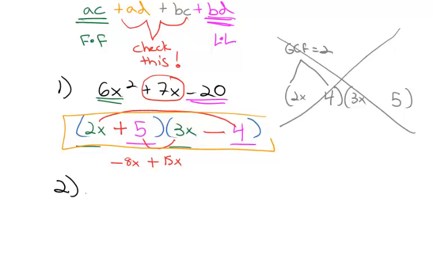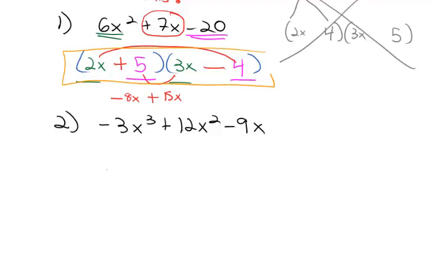Let's try a couple of these. Let's do negative 3x cubed plus 12x squared minus 9x. Looking at all three terms, we will notice they do have a GCF. Always do the GCF first. They both have a GCF of negative 3. Why negative? We like the first term to be positive, so we pull out a negative.